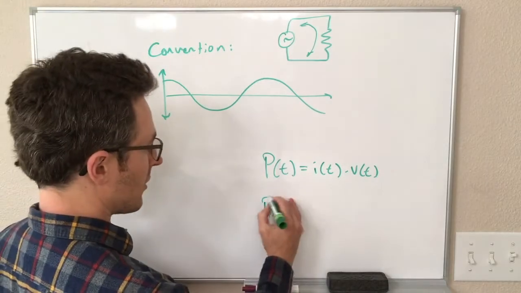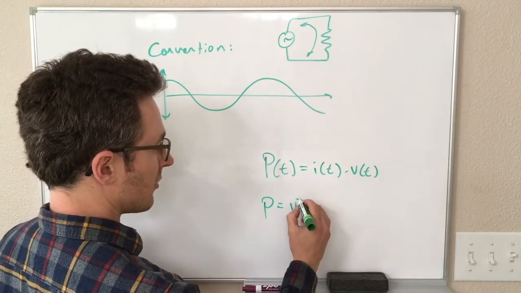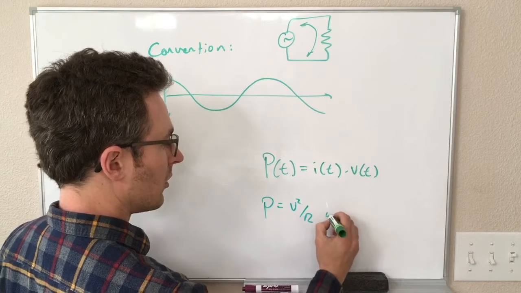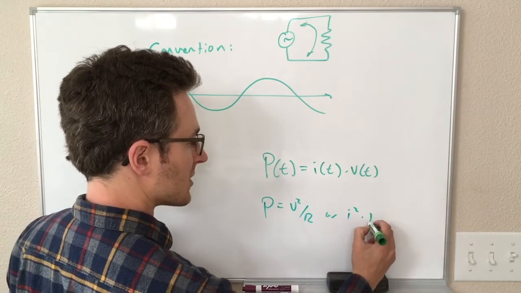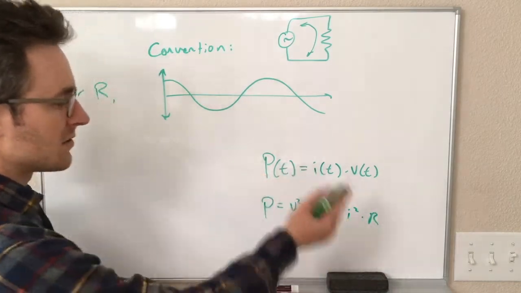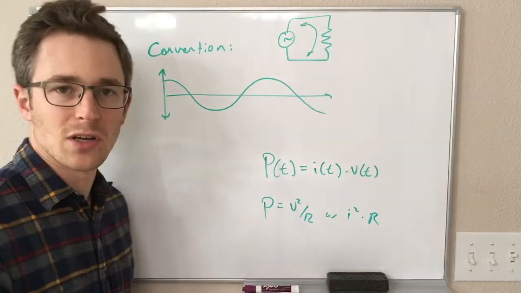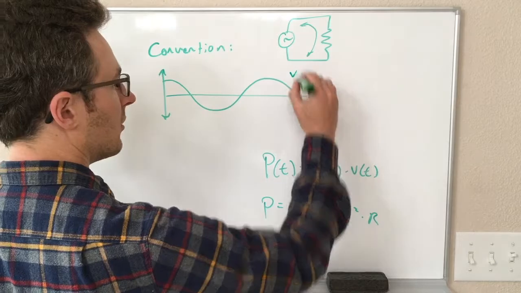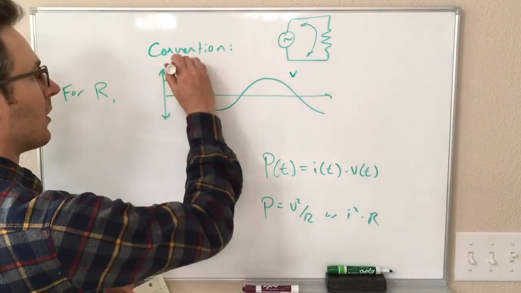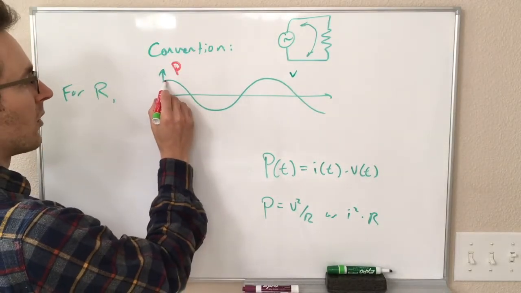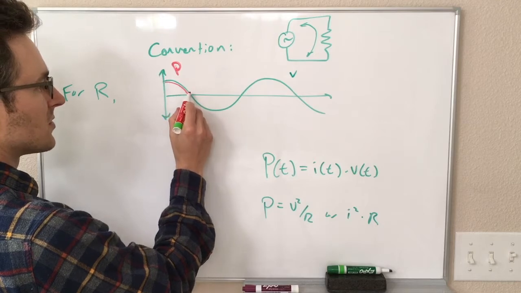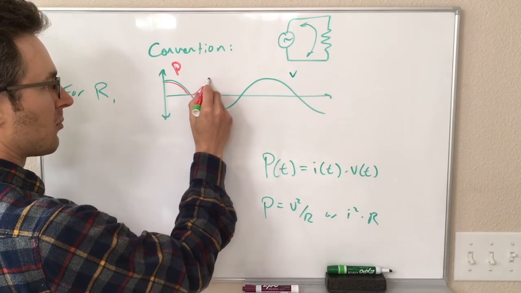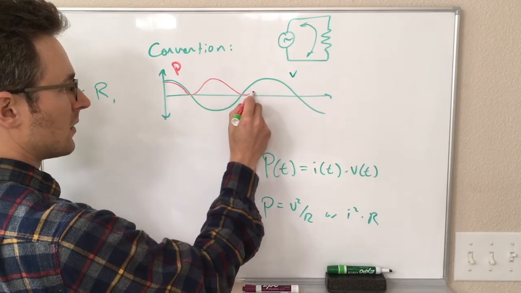Remember also, we have another equation for power for resistors, like V squared over R or I squared times R. In any of these cases, we're going to end up with a cosine times a cosine, right? And so our power function, if this is our voltage, say, our instantaneous power is going to look like this. It's going to go down to 0, and then it's going to go back up, and then it's going to go back down to 0, and then it's going to go back up.